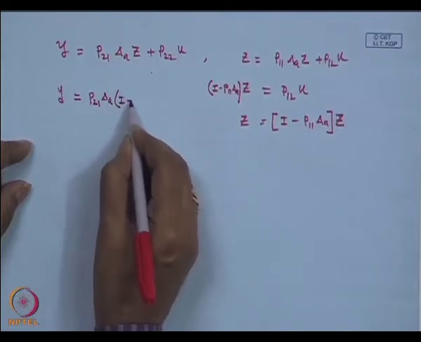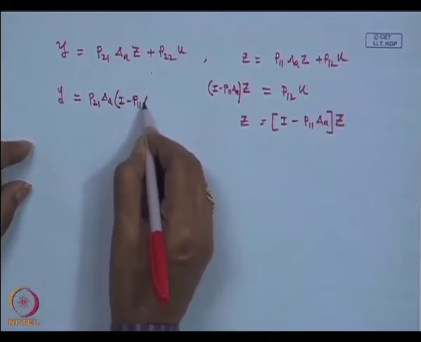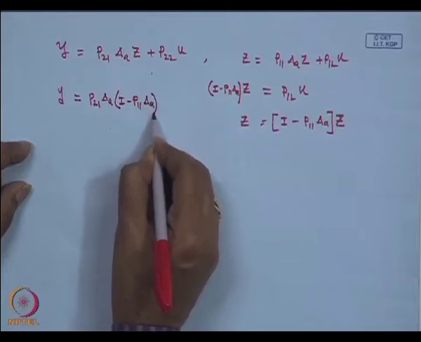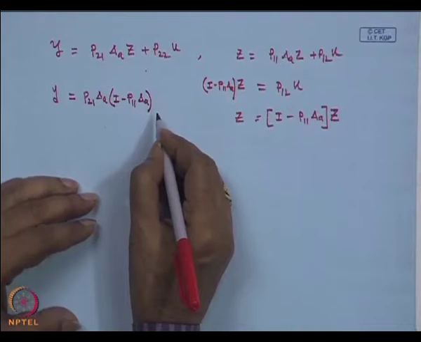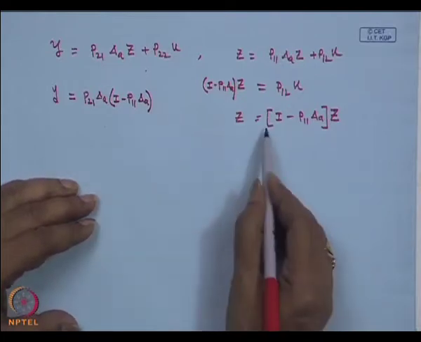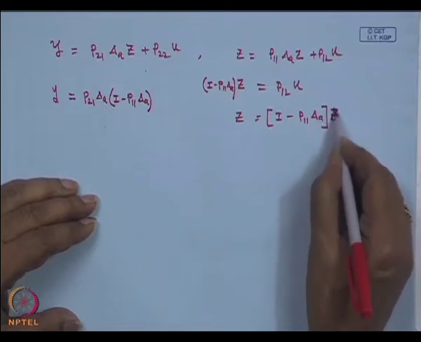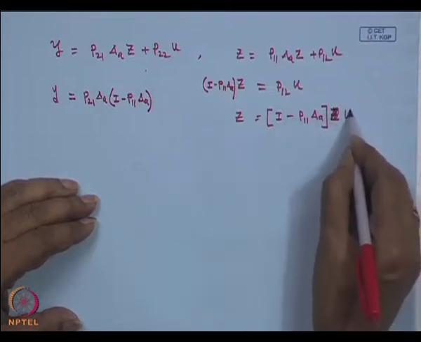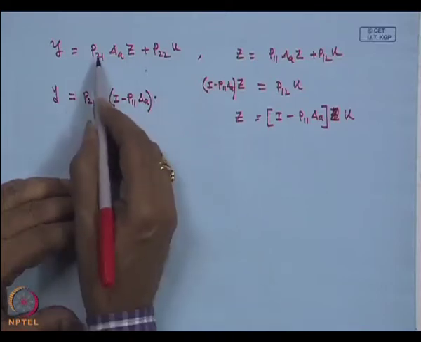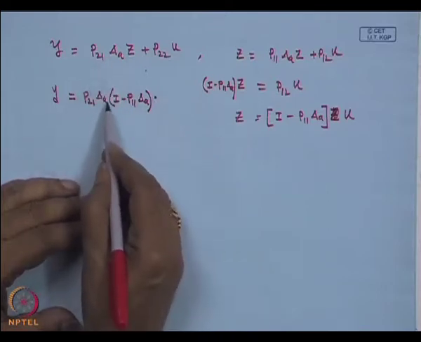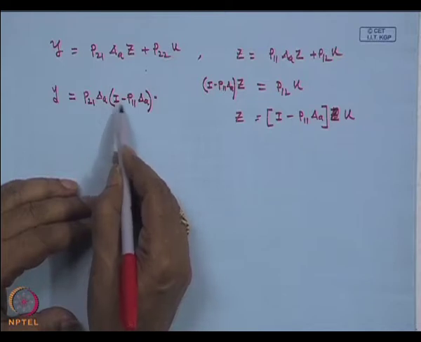I minus P11 delta A into... what is our Z? Sorry, it is not a Z, it is a U. So, this is our P21 delta A, agree?